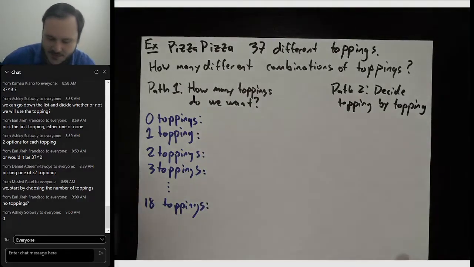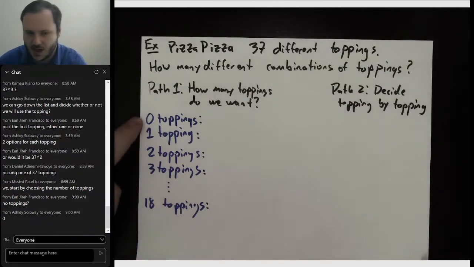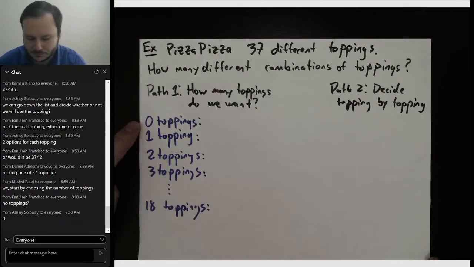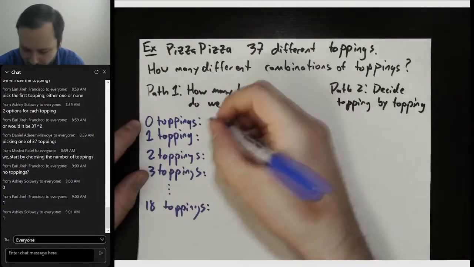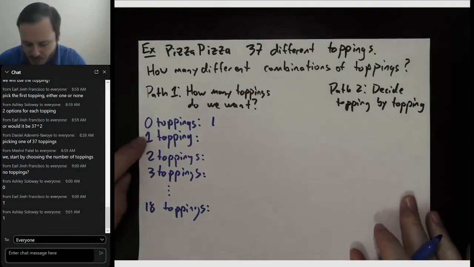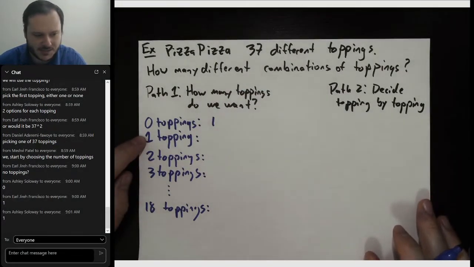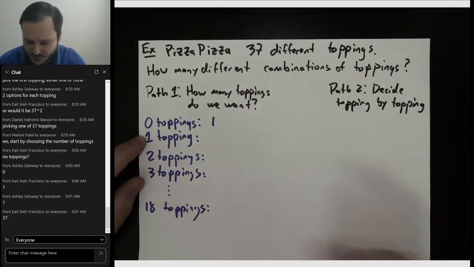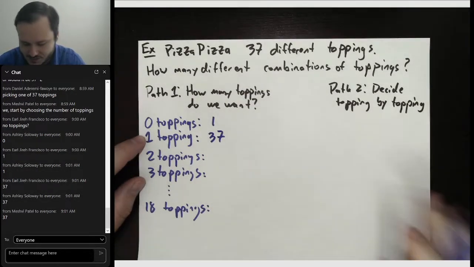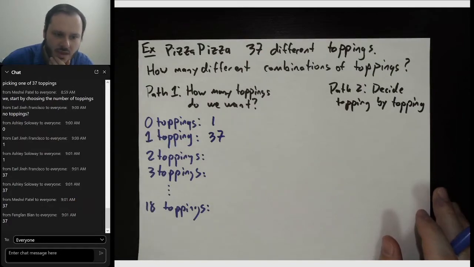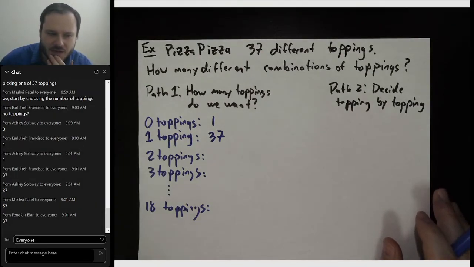Okay, let's see if we can fill in some of these. How many ways are there to make a 0 topping pizza? 1 way. How many ways are there to make a 1 topping pizza? 37. 37 different options. How many ways are there to make a 2 topping pizza?